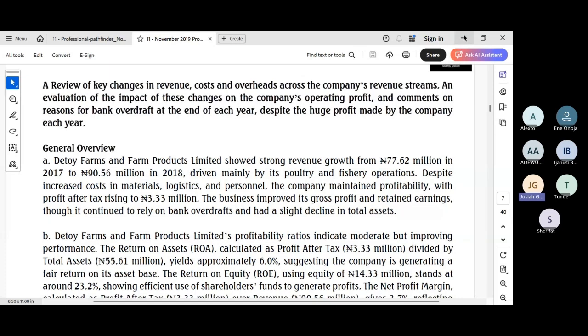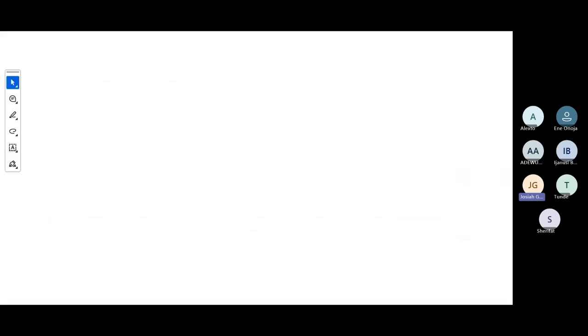So pick 4 important items from the 6 boxes that you need to bring to the fore to the board and conclude on them. Then based on those conclusions, you recommend solutions, and the recommendations should be 4. So you see you have 8 boxes, and 8 times 4 is 32. You have 32 marks for requirement 1, 32 marks for requirement 2, and you have 64 marks. So that's the concept and the general structure of your report.